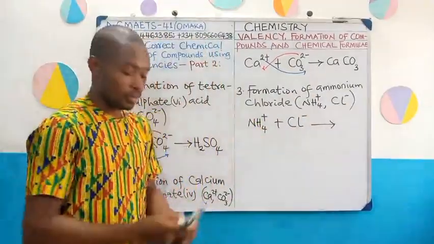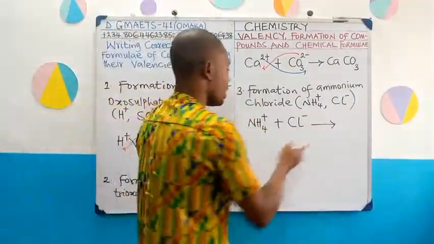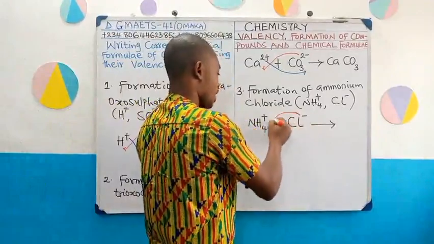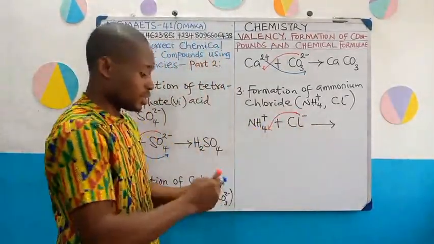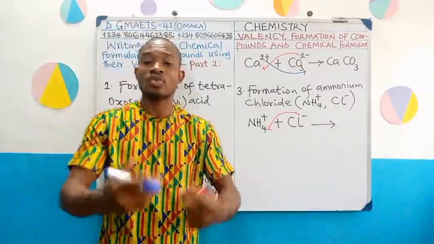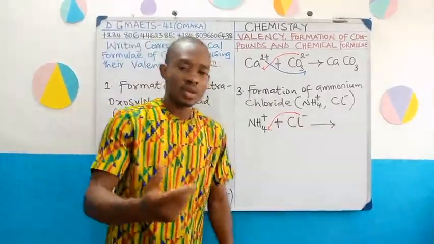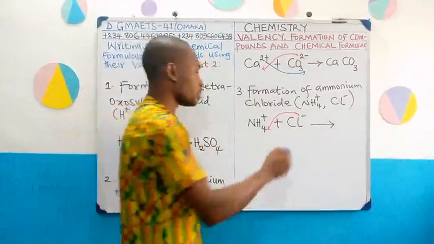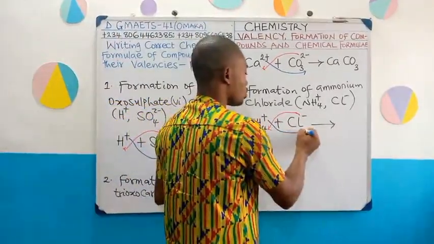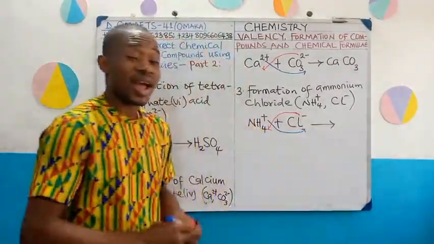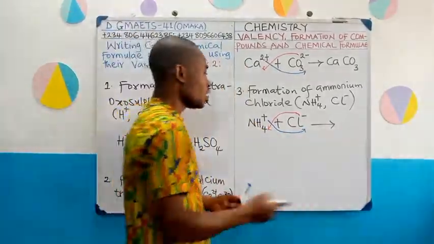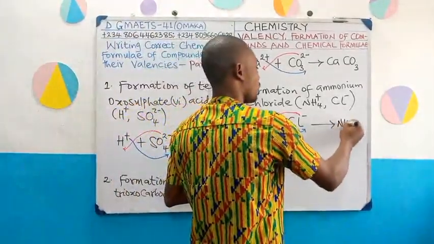So let's see what this is going to be. Of course, there's going to be interchange of valency. You don't need to be drawing all this interchange of valency. Let's assume you're answering an exam question, it's really not necessary drawing that. As you're learning this now, just understand the principle. I'm drawing all of this so as to show you what really happens in the process. So this is going to be NH4.